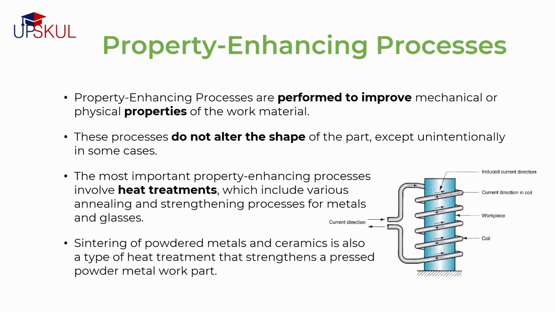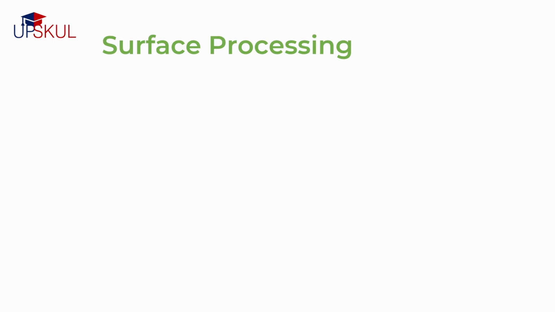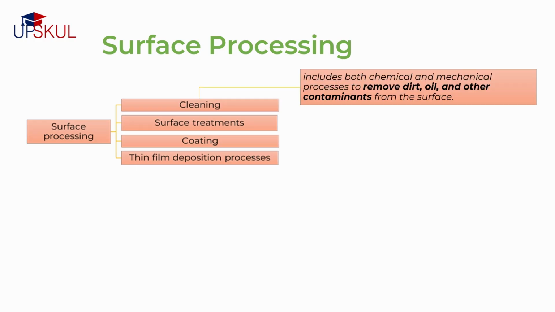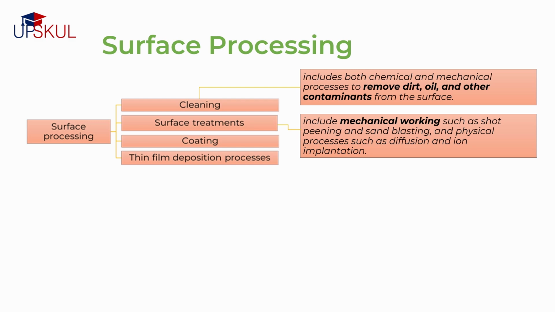Surface processing operations include cleaning, surface treatment, coating, and thin film deposition processes. Cleaning includes both chemical and mechanical processes to remove dirt, oil, and other contaminants from the surface. Surface treatments include mechanical working such as shot peening and sandblasting, and physical processes such as diffusion and ion implantation.